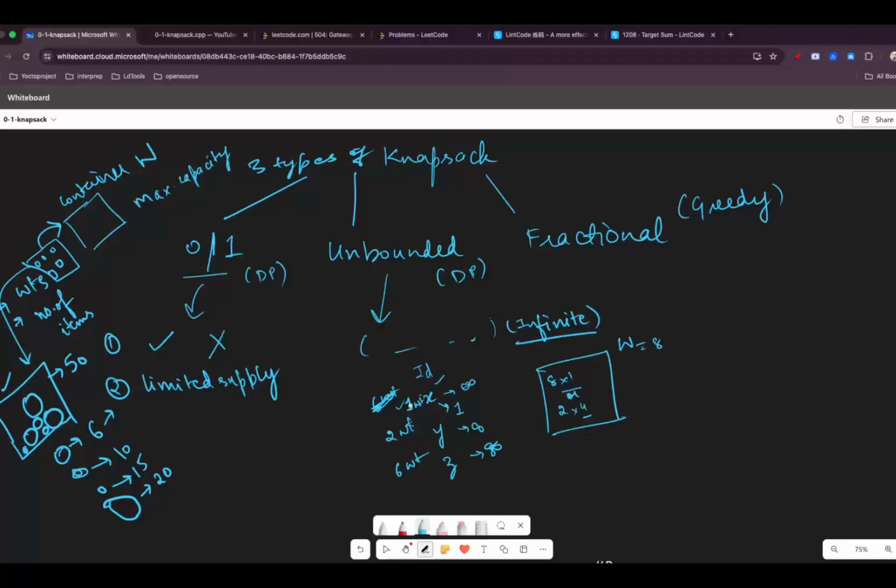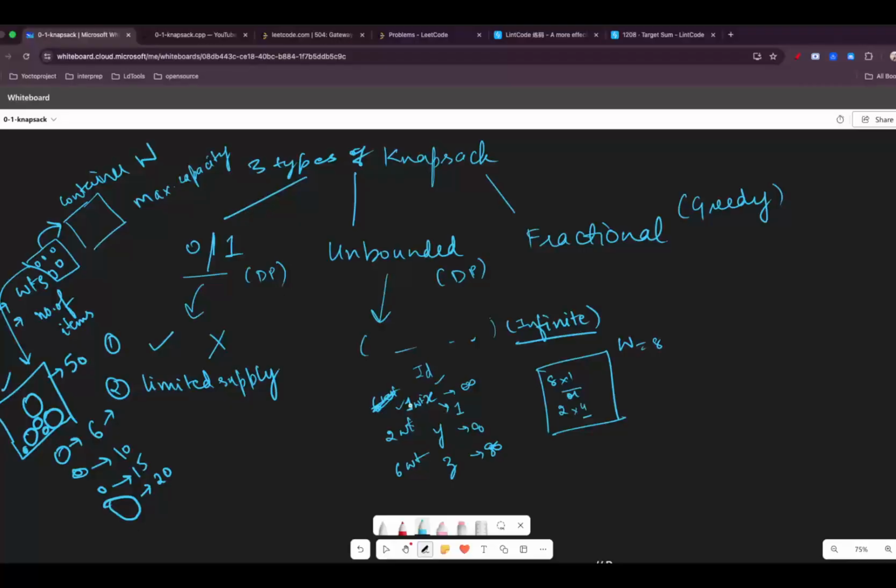And in the unbounded knapsack, it's about infinite supply of small items. So we need to optimize which items we can use at the maximum capacity, basically the maximum number, so that in a bigger container we have the maximum number of items under the limited weight of that container.